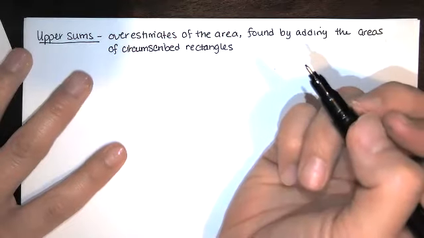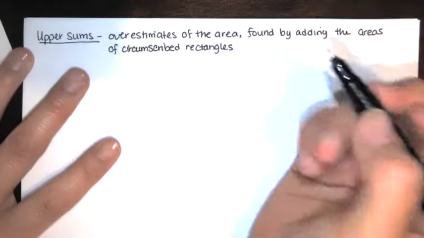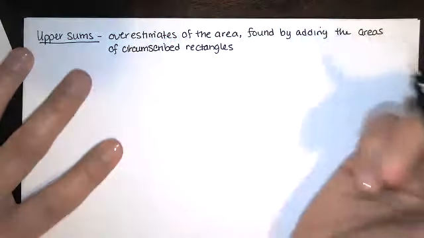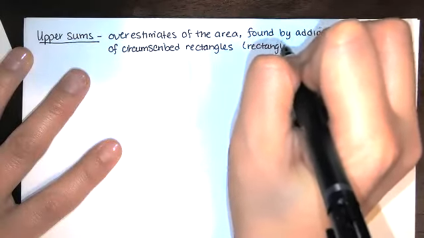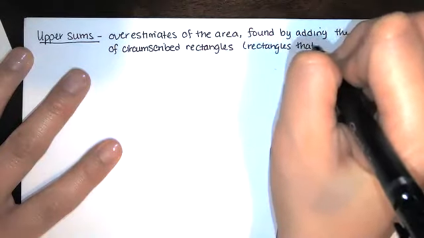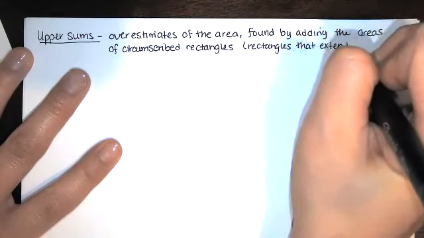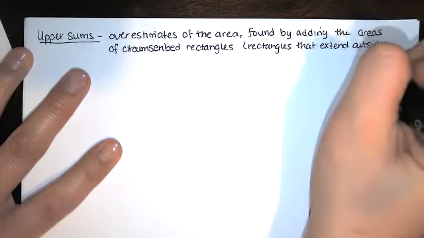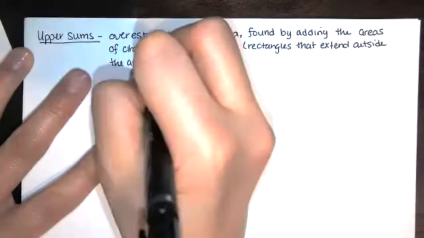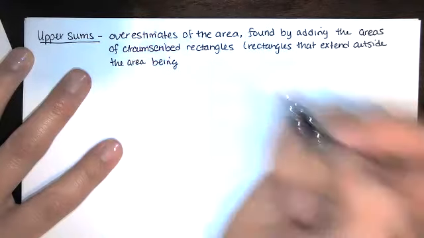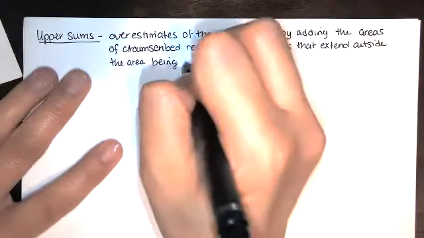And circumscribed rectangles are just rectangles that extend outside the area being approximated. And I know that there are lots of rectangles that extend outside the area being approximated.